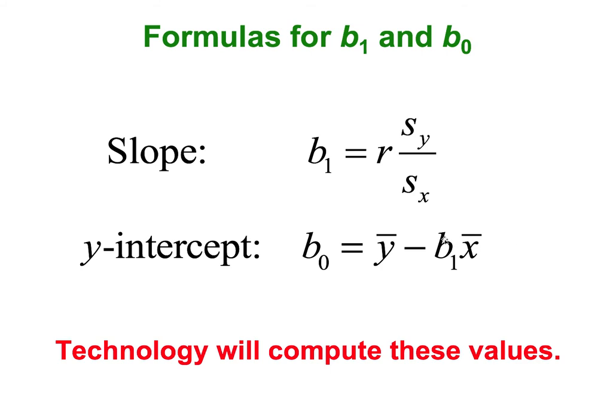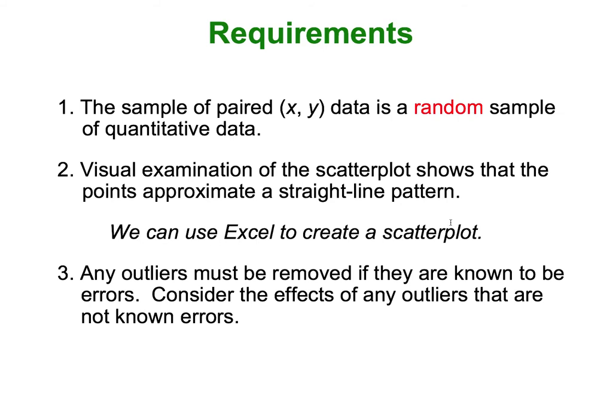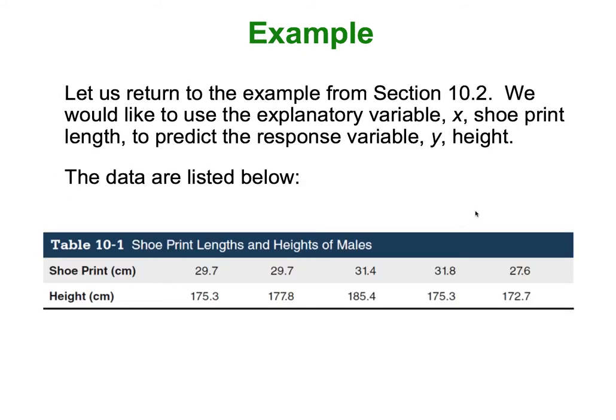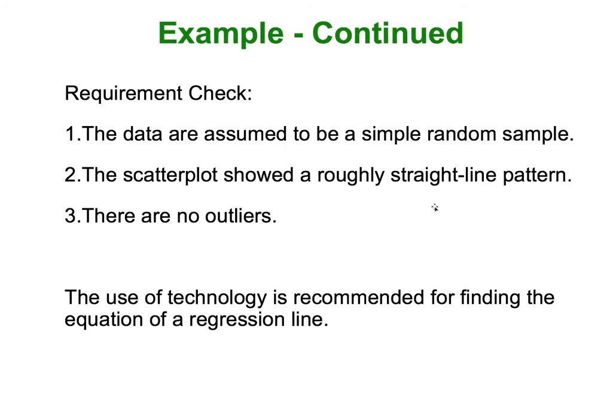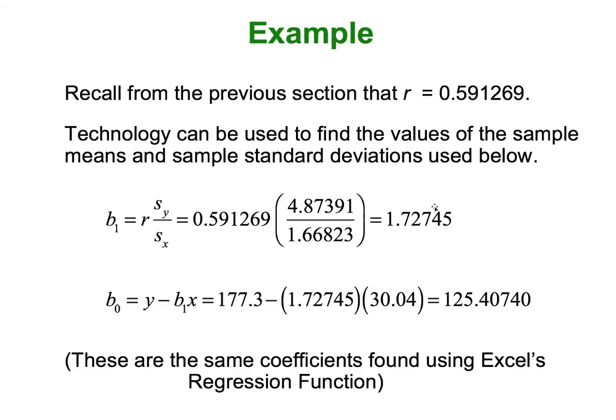This y bar is the mean of the y values, this is the mean of the x values. But we can use Excel to do this, and just cut straight to it. We can cut through the chase. Here's the algebra.